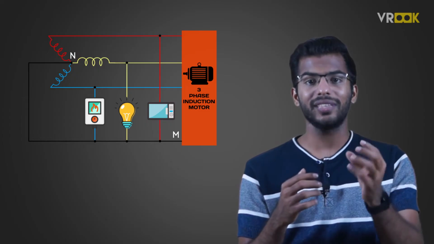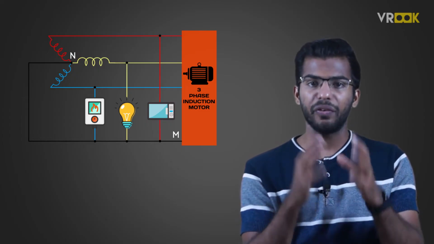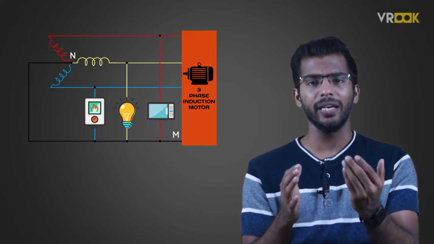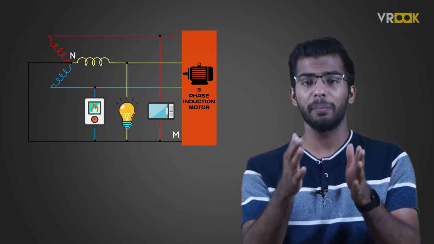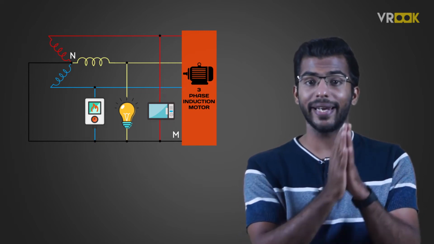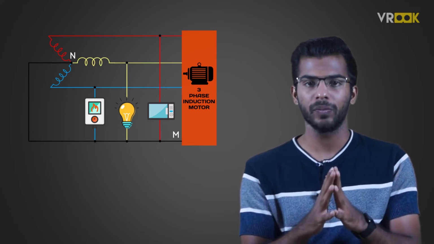If the three loads are exactly equal, the phase currents flowing through them have the same peak value Im and differ in phase by 120 degrees. So, the current in the neutral wire MN will be 0.